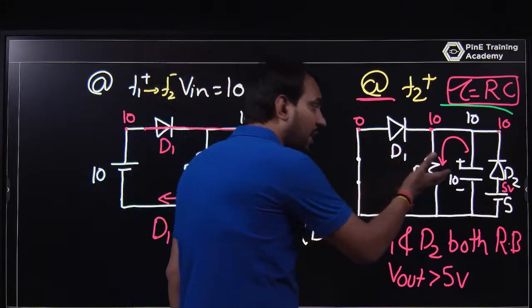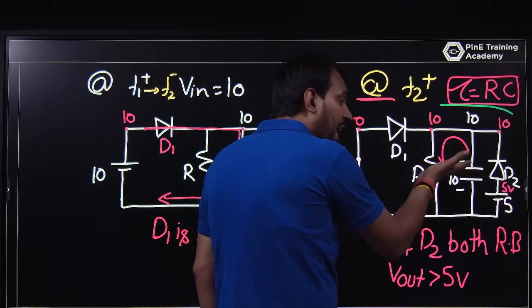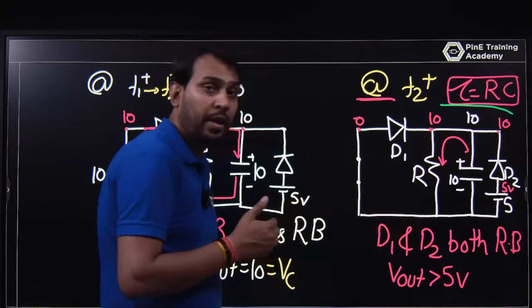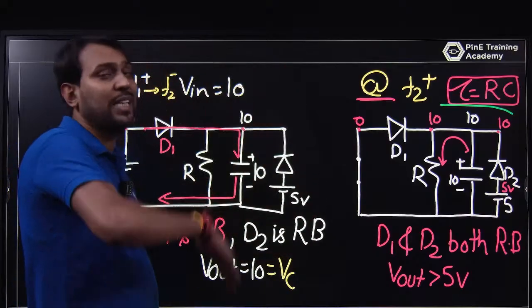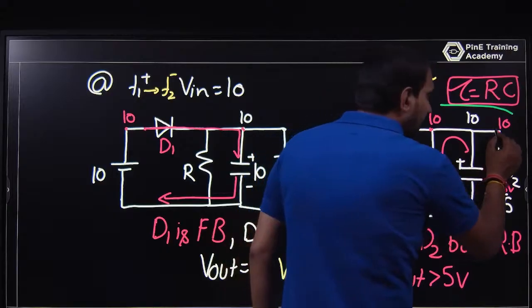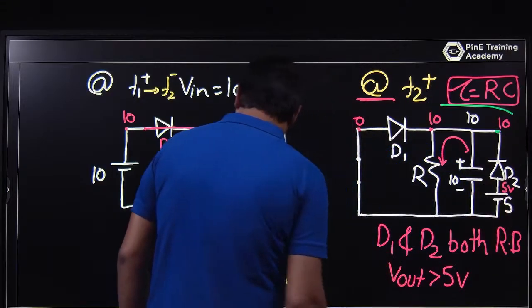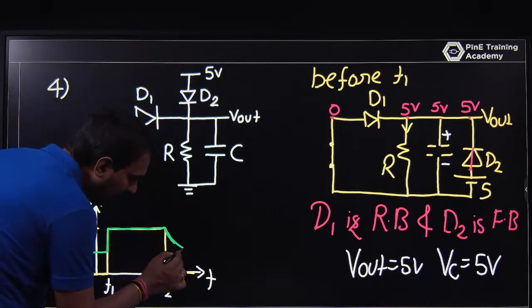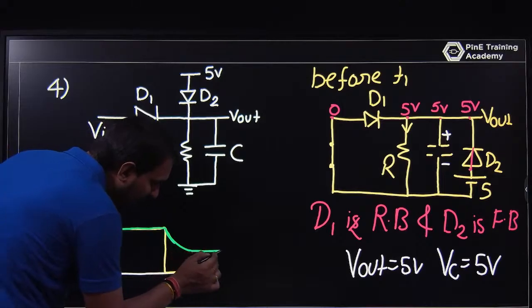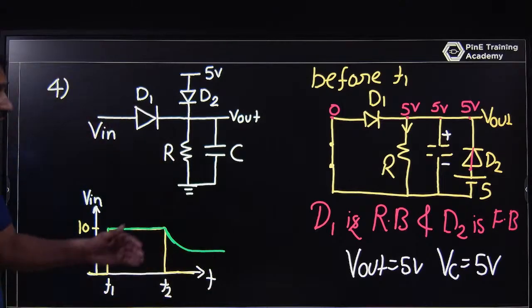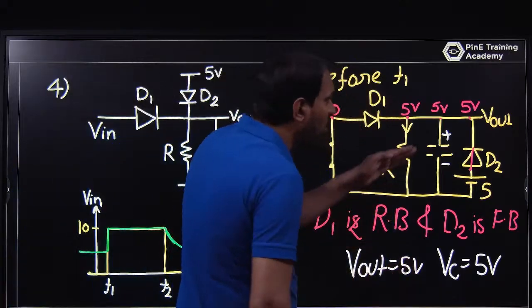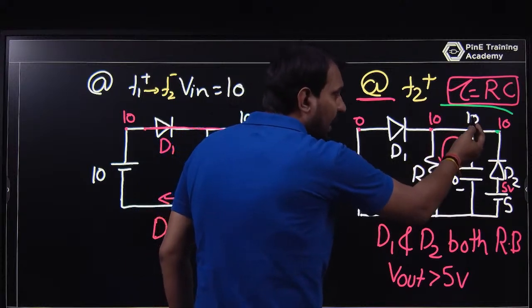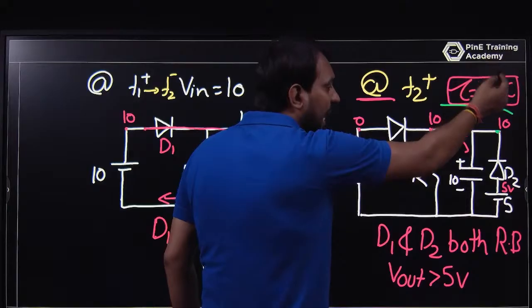So of course the capacitor is discharging from 10 volt to 9, 9 to 8, 8 to 7, 7 to 6, 6 to 5. And once it tries to go less than 5 volt, it is trying to discharge, but it will not discharge below 5. Once the capacitor voltage is 10 at T2 plus, it will become 9, 8, 7, 6.